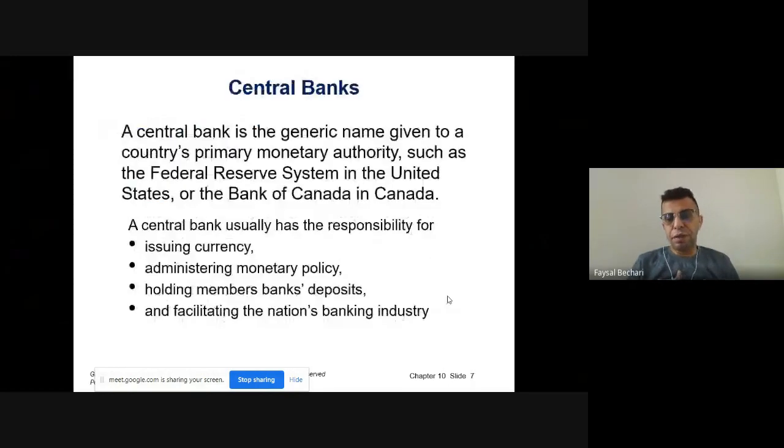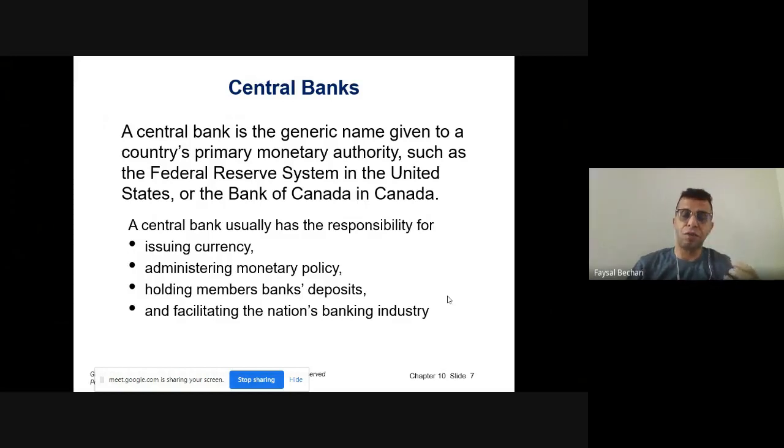Now, every country has something called a central bank. A central bank is a generic name given to a country's primary monetary authority, such as the Federal Reserve System in the United States or the Bank of Canada in Canada. Every country has a central bank, but they name it differently.